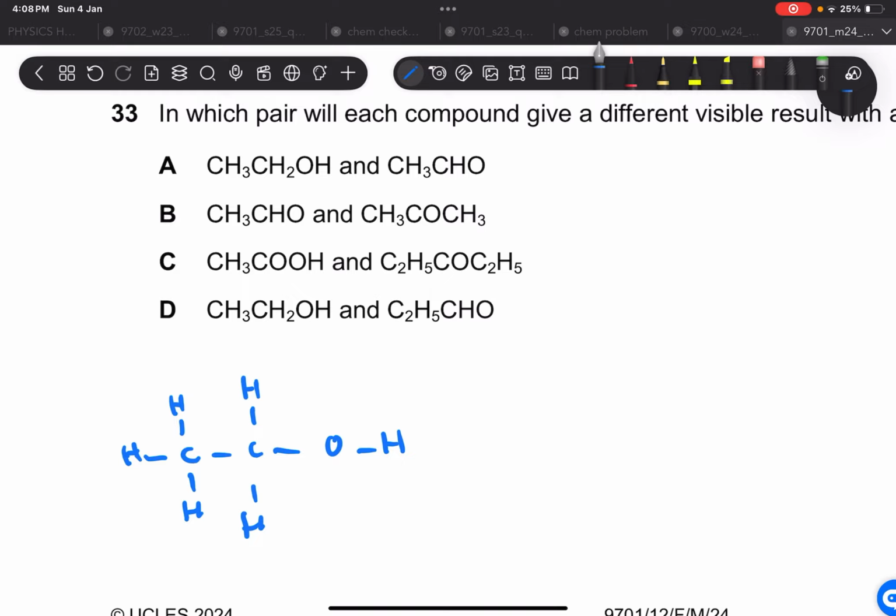It's going to give a result with alkaline I2, but this thing right here, which is C double bond O, CH3, is also going to give it. But both of them are going to give you yellow precipitates. You have to realize some things, okay? Both of them are going to give you yellow precipitates.